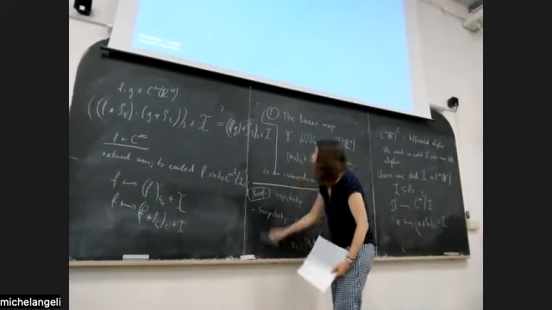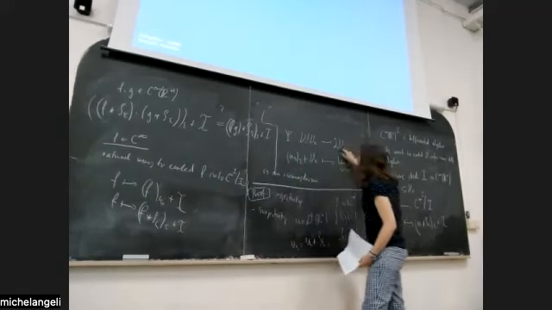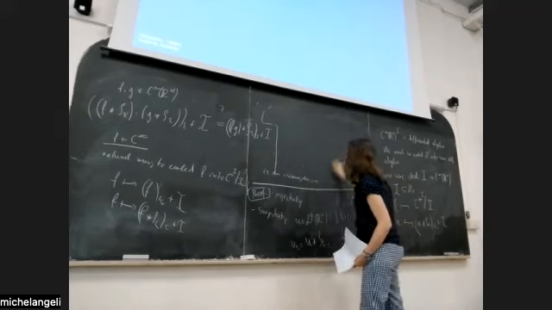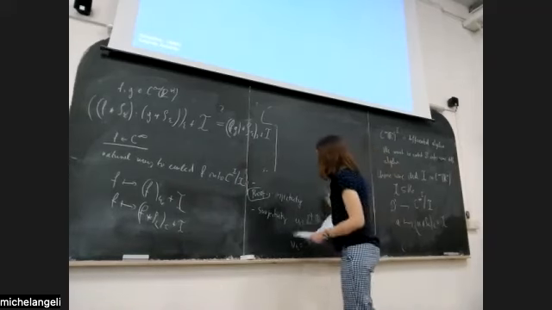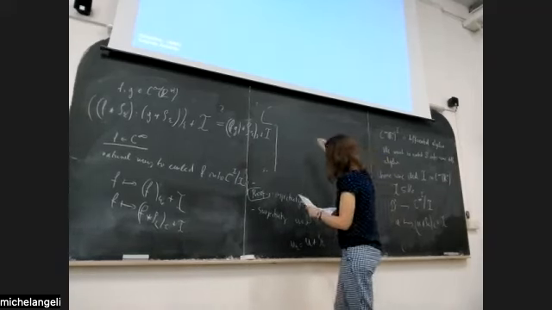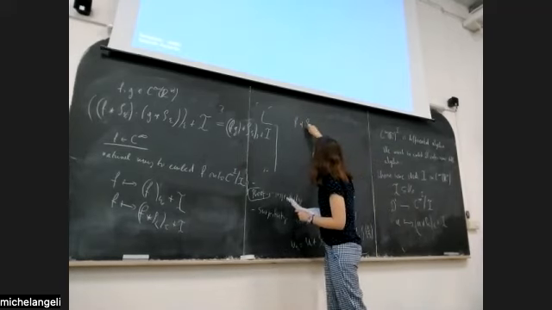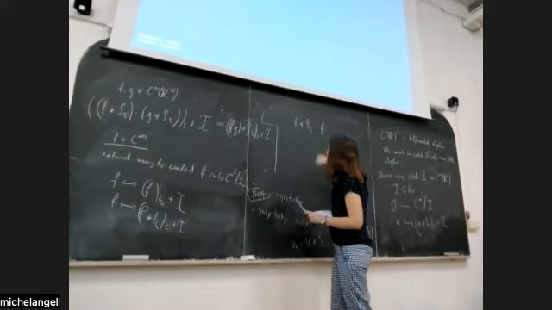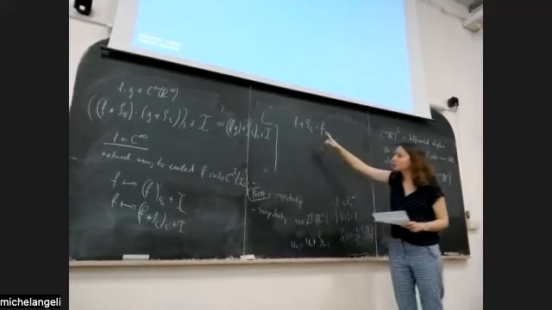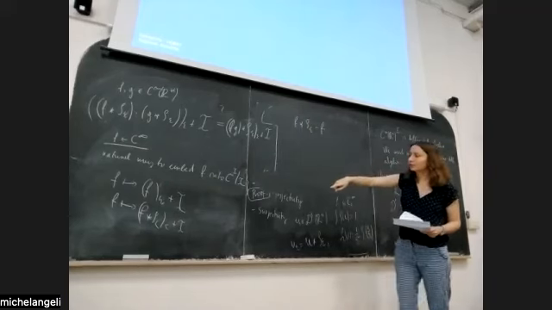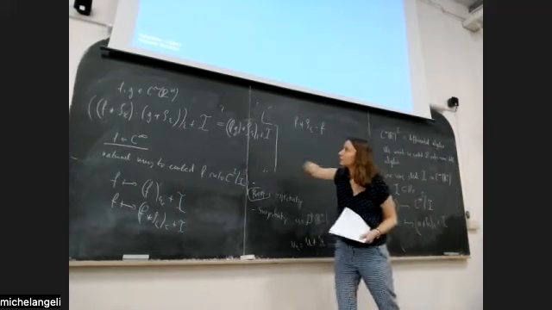And if we can choose our ideal I so that f star rho epsilon minus f belongs to our ideal, then we will also ensure this property.